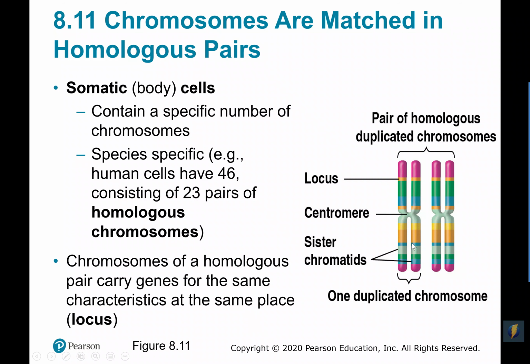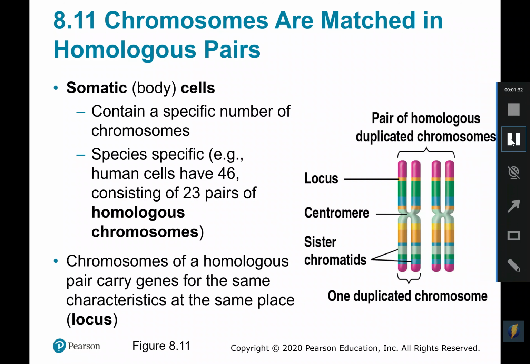And here you have a duplicated pair of homologous chromosomes. And you can see each of these, the colors are used to represent a specific locus on the chromosome, a specific spot where the chromosomes are going to carry information for a specific trait, a specific gene.